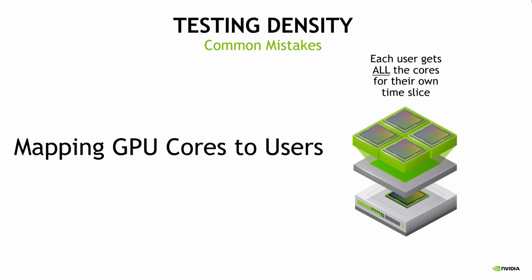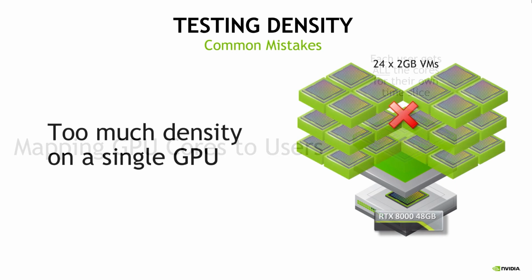At the end of the day, each individual virtual machine gets all of the cores, but for their own time slice. So it's a time slice basis that people get resources here. So be very careful with trying to map GPU cores to users. It's really an equation that doesn't work too well.